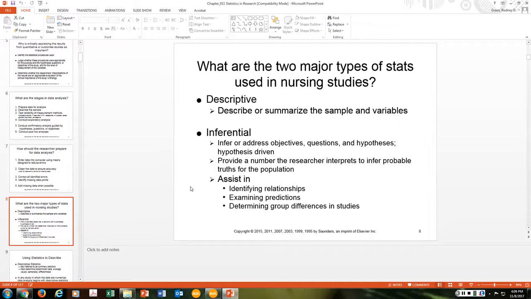Inferential statistics are hypothesis-driven. They provide a number the researcher interprets to infer probable truths for the population. And they assist in identifying relationships, examining predictions, and determining group differences in studies.